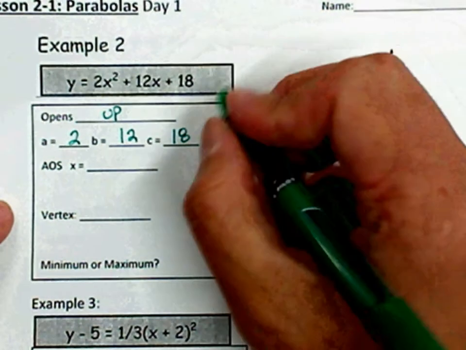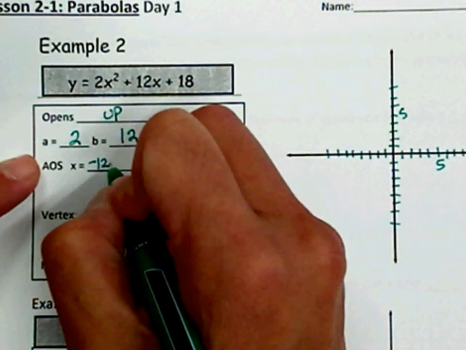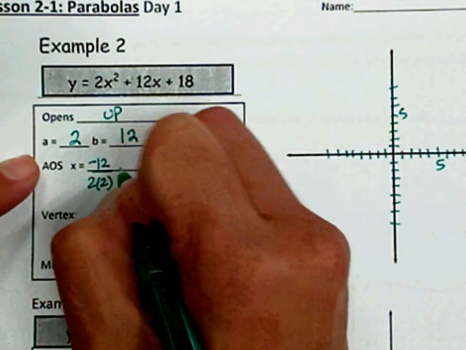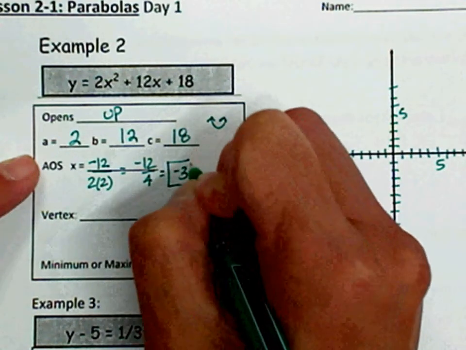Axis of symmetry: negative 12 divided by 2 times A, so negative 12 over 4 gives you negative 3. So your vertex is negative 3, comma.